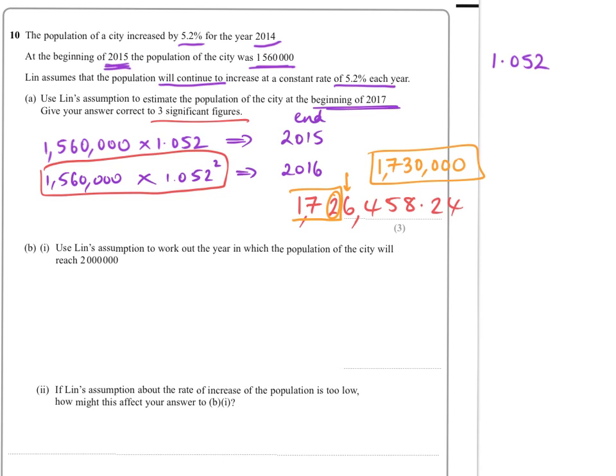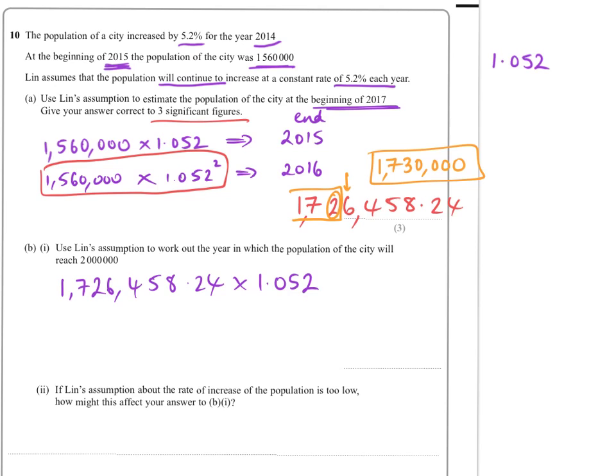Then it says, use Lynn's assumption to work out the year in which the population of the city will reach 2 million. And I think what I would do is that I would take my unrounded answer and I would just successively times it by 1.052 to add another year's worth of increase.